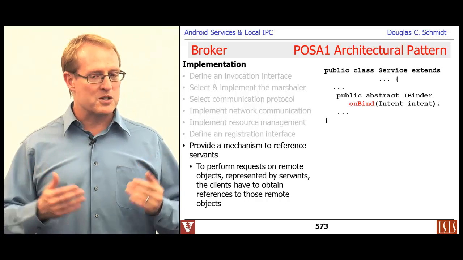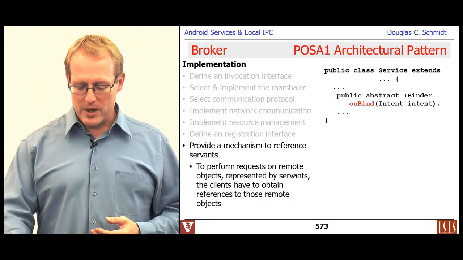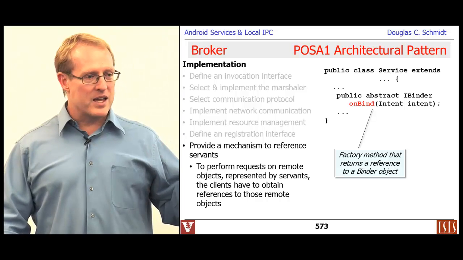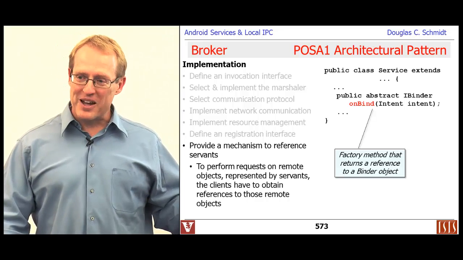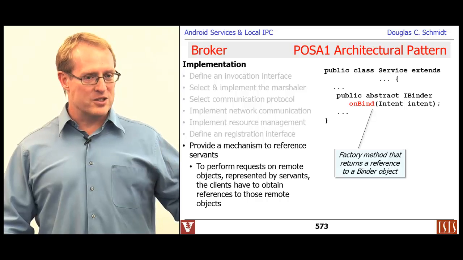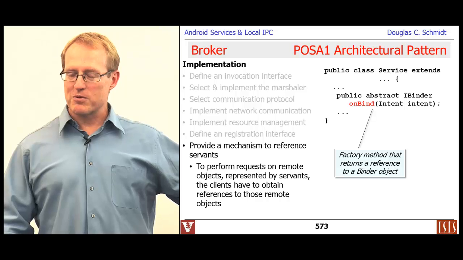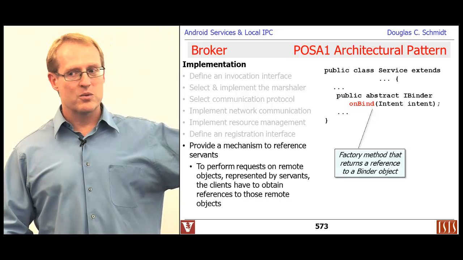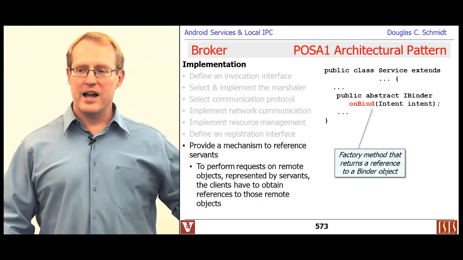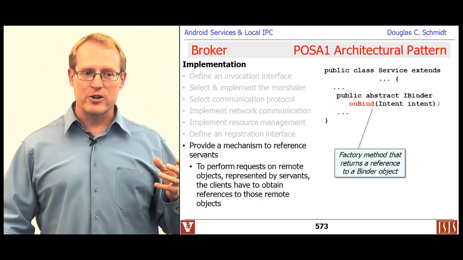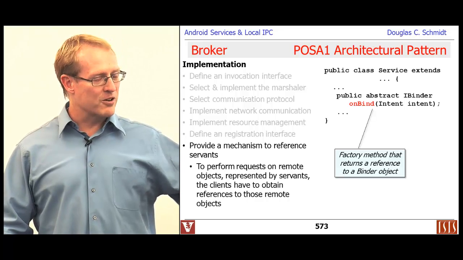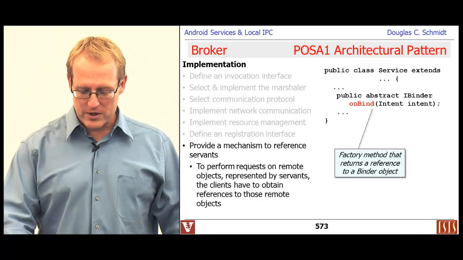So there's a protocol that's defined here that has a couple of parts to it. One part is the onBind factory method that's defined by the server who implements the binder object, and that is responsible for giving back to the caller, which is ultimately going to be the client, a reference, an IBinder, to the binder. So IBinder is an interface to a binder, and you can use it to invoke operations.